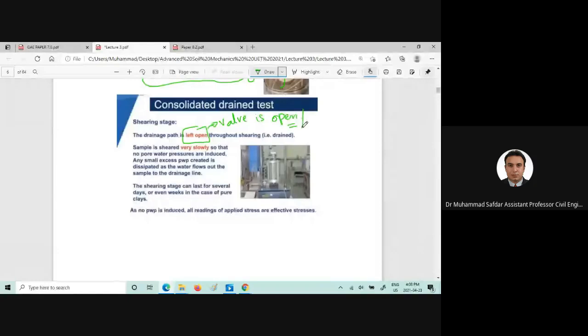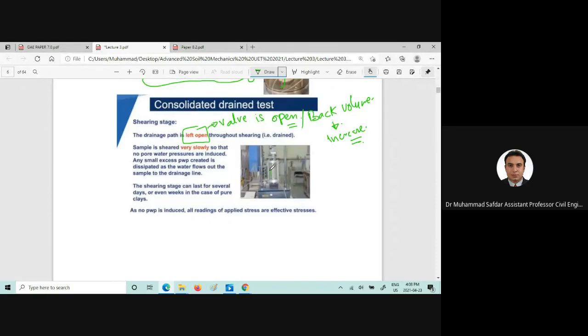In various instruments, the back volume or back pressure volume will increase because the water from the sample will go out.